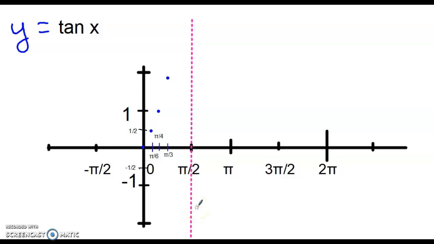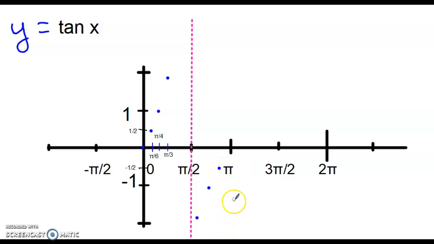Tangent of 120, or 2 pi over 3, happens to be a negative like this. And I could also do that on this side. Well, I'll just continue with this. And then at 3 pi over 4, we have a negative 1 right there. And at 5 pi over 6, we're going to be at a negative 1/2.